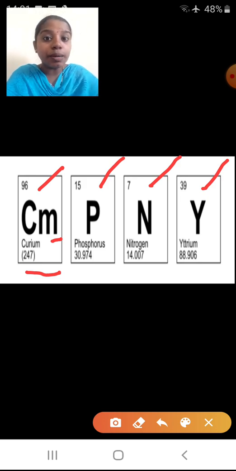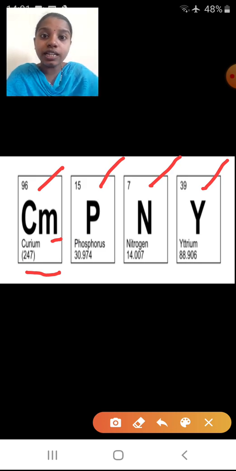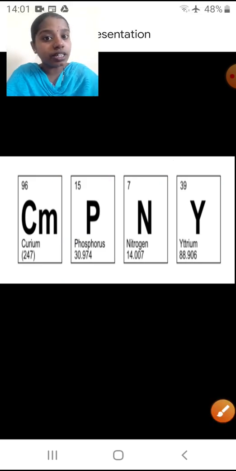Some of the elements have got their symbols from their Latin names. As the Latin names are standardly used, they have got the letters which are in their Latin names. Okay students, did you understand this? Like gold, silver, they have also got their symbols from their Latin names. I hope till here what we have done you have understood.